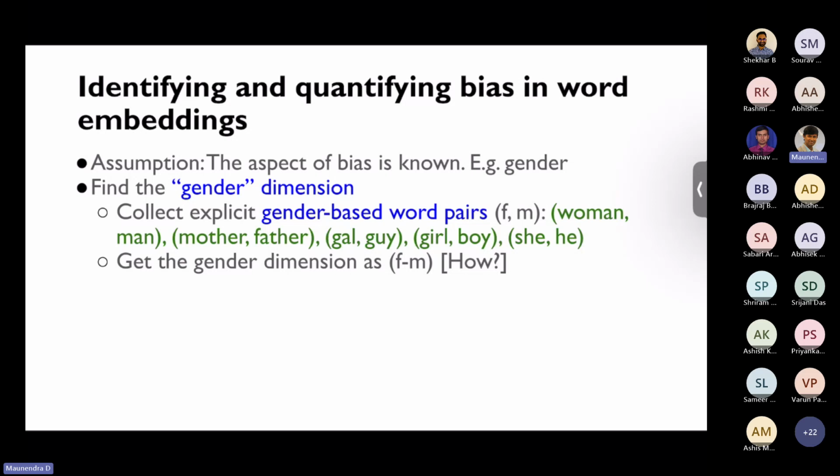So if we have 20 such examples, we get 20 such F minus M vectors. Now from that, we want to extract the gender dimension. What they did is, from these observations, they did a principal component analysis. In the principal component analysis, the first dimension, which is the dimension covering the largest variance, they said is the gender dimension.